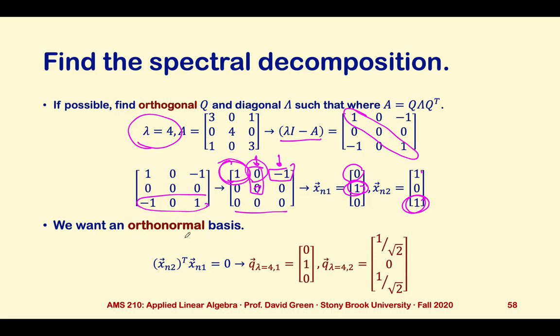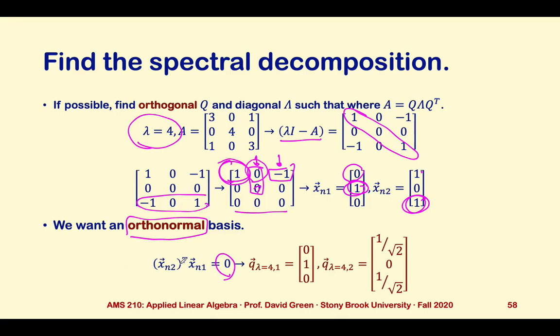Once again, we need an orthonormal basis. We check for orthogonality. In this case, we actually got lucky. If we take the dot product of xn2 and xn1, we get 0 plus 0 plus 0. These are already orthogonal.